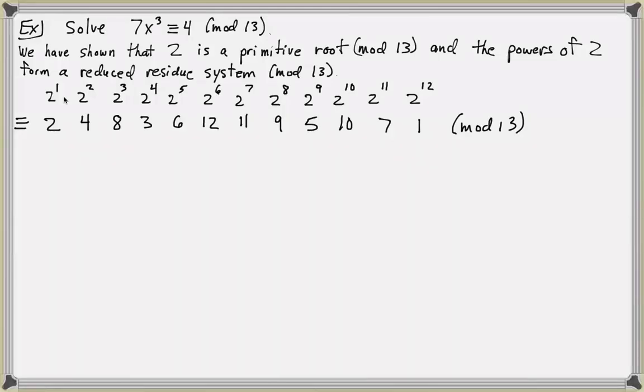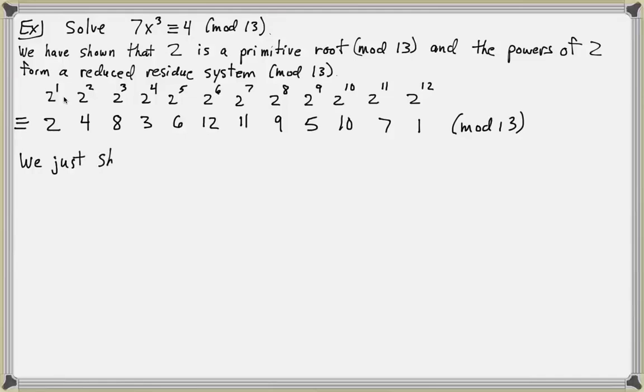So what I'm going to do is write every factor of the above congruence as a power of 2, and then I'm going to solve an easier congruence in the exponents. In the exponents, we'll just have a linear congruence. And we'll use the previous theorem.